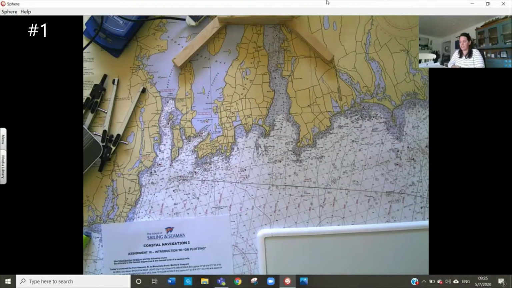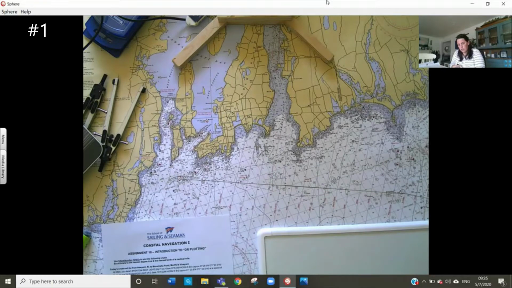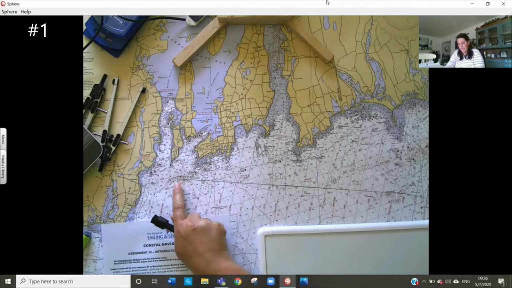Okay, so we're going to start with number 1 on assignment 10. It tells us we are cruising from Newport, Rhode Island, up around there, to Martha's Vineyard, all the way across the chart. At 8:20, you depart Breton Reef Light. That's right here, Breton Reef Light.